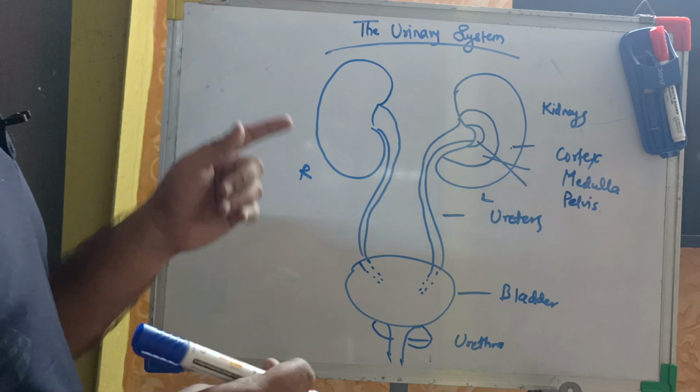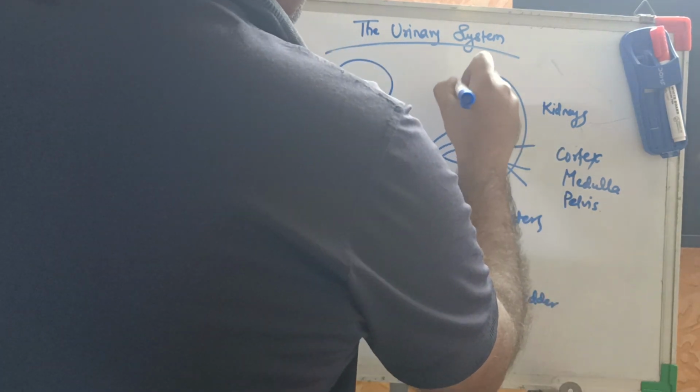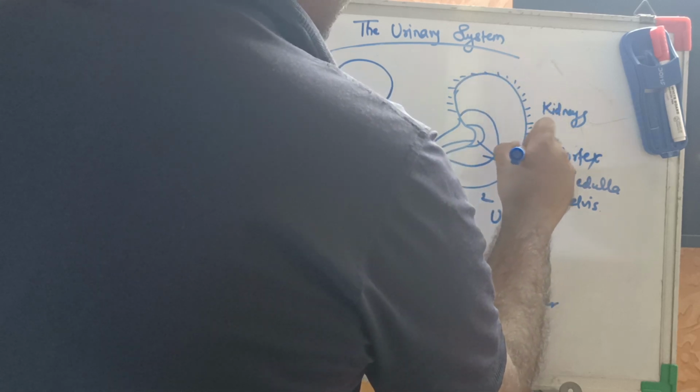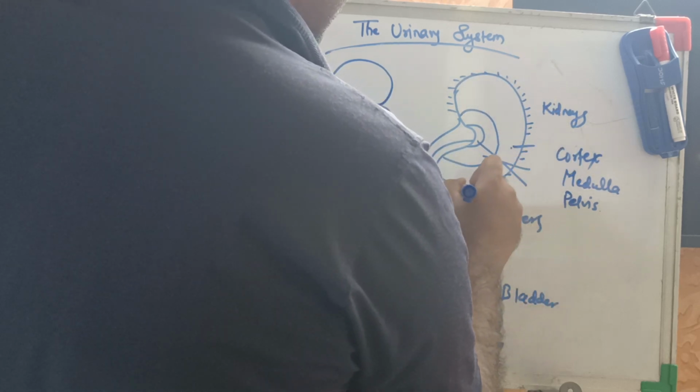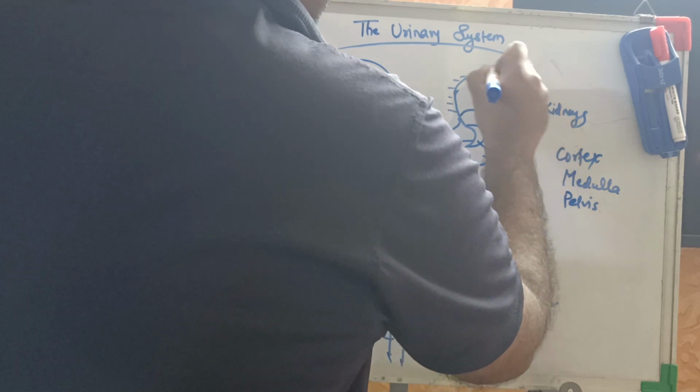The kidneys are surrounded by the capsule. This is the capsule, also called the renal capsule.